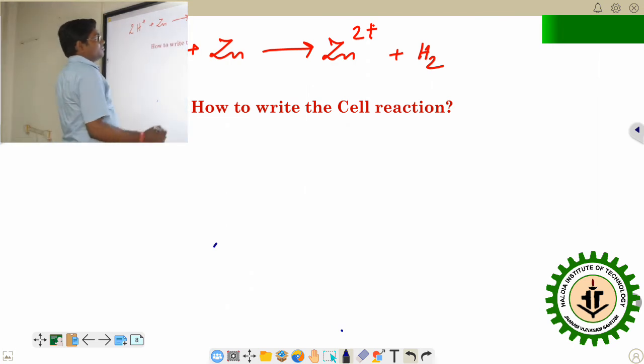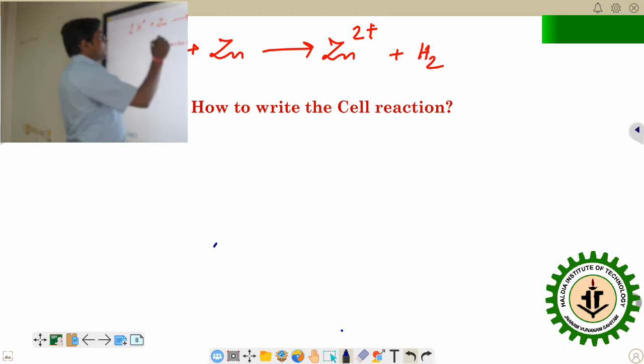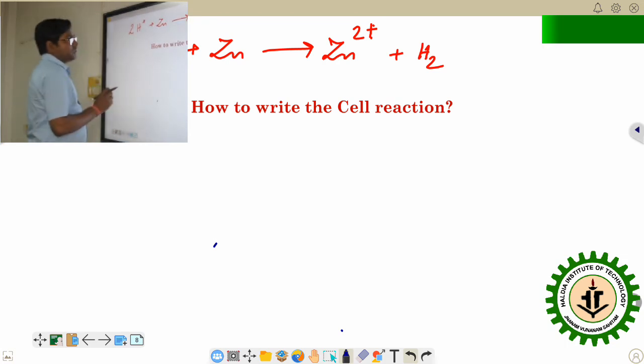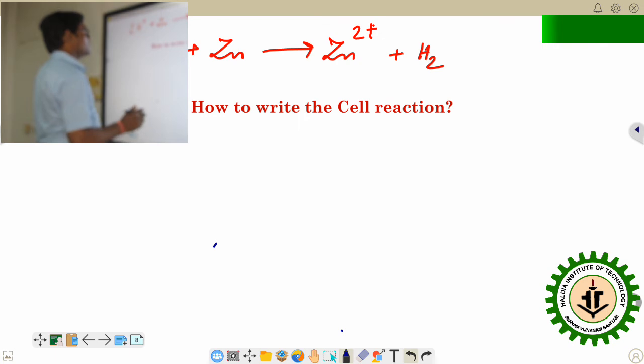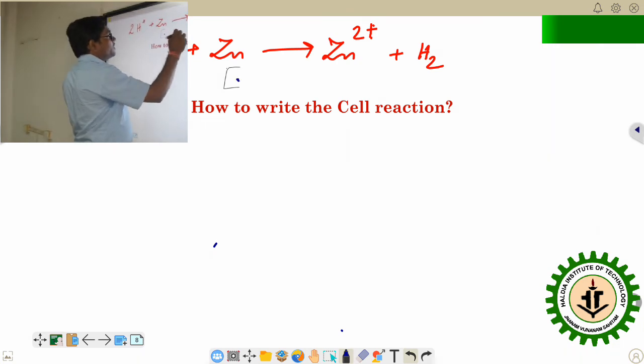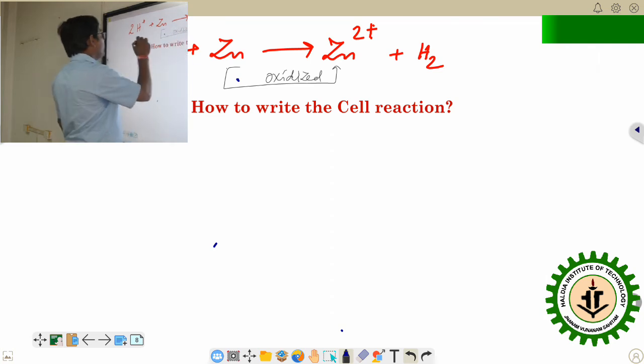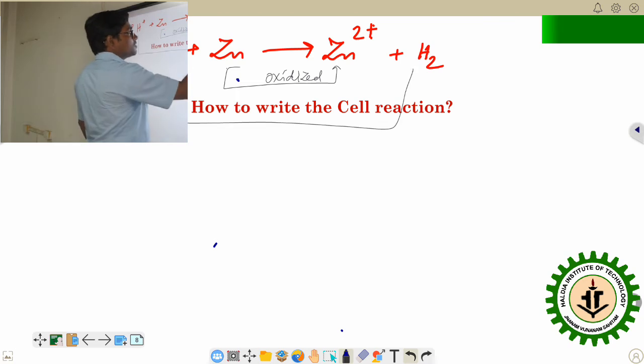To represent this cell, first we have to understand which one is being oxidized and which one is being reduced. And it is clear from here that zinc is oxidized and H plus is reduced.